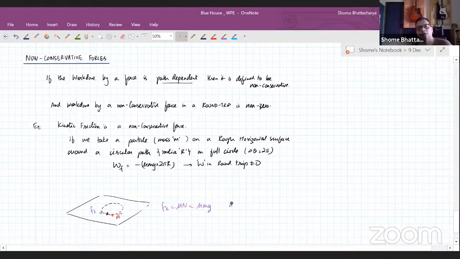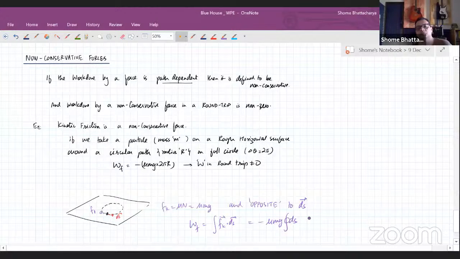Okay, and opposite to the differential displacement at every point. So work done by friction, which is this dot product, will become minus mu mg into integration of ds in the round trip. So it will be minus mu mg into 2 pi r.